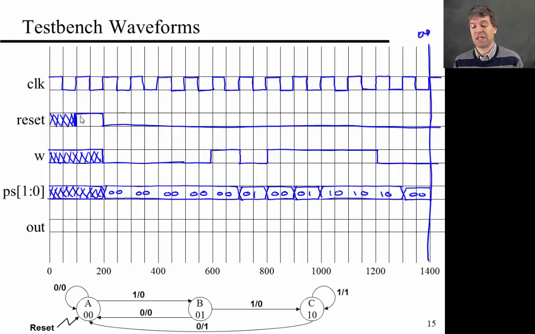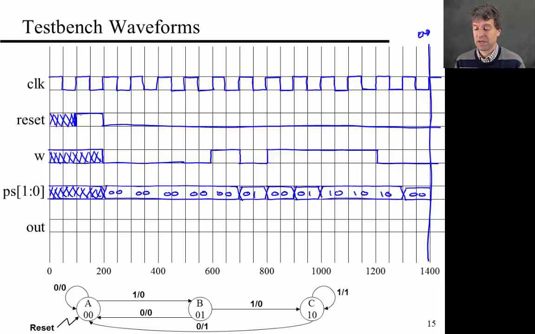Then we hit this reset. Reset is true, so at this clock edge, at 200, because reset's been true for a whole clock edge, I now know, because the reset is attached here to state 0, that I'm going to be in state 0.